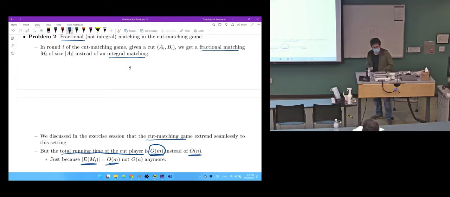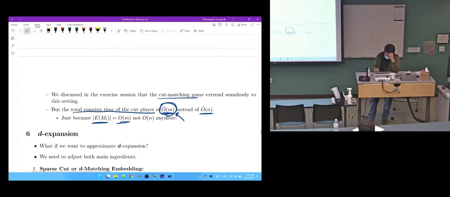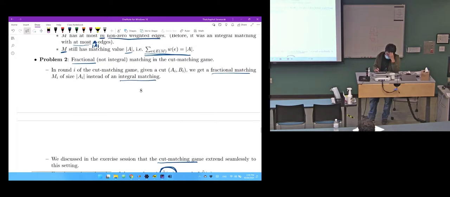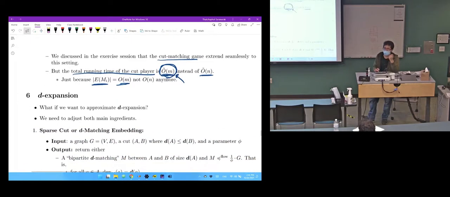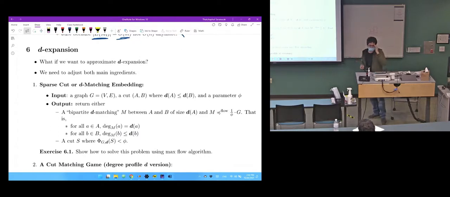This is the time for the randomized cut player algorithm, which takes time linear in the graph size. Anyway, this is how you handle a weighted graph. There are just some technical issues you need to handle, but it's not too hard. Nothing conceptually new.